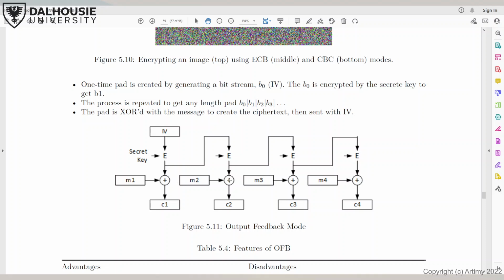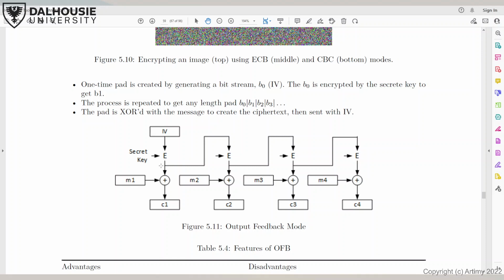M2, you encrypt it with the second block, and M3 you XOR it, and so on. So the ciphertext will be the output of the XOR function. All right. Is that good encryption? Yes, because now what we get out of the encryption algorithm is the result of encrypting the initial vector.